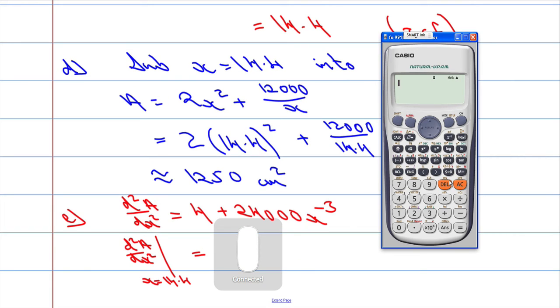So taking the calculator out, we get 4 plus 24,000 times, well, x is 14.4 to the power of negative 3, and we get 12.04.